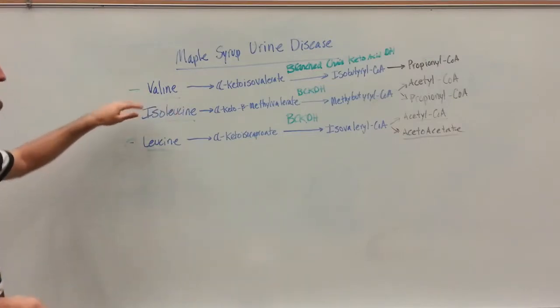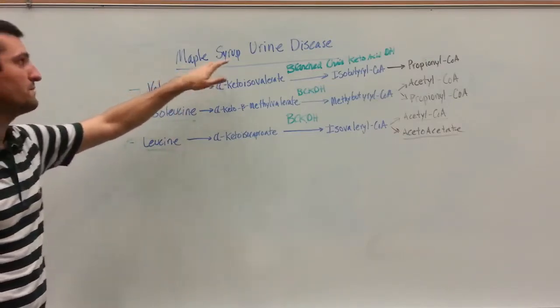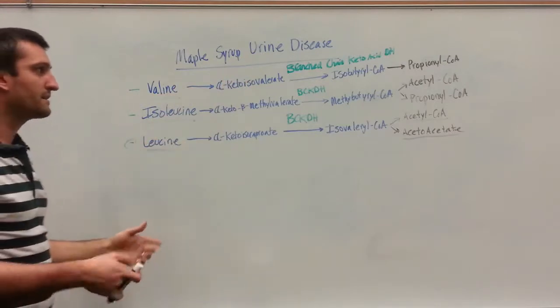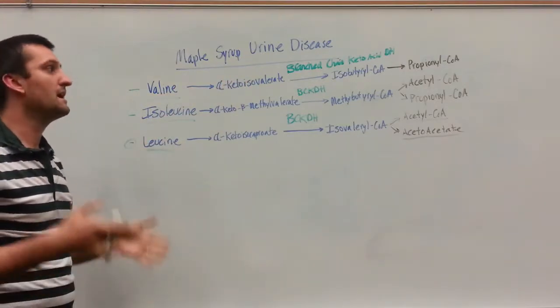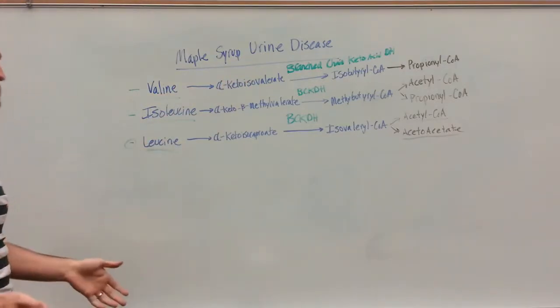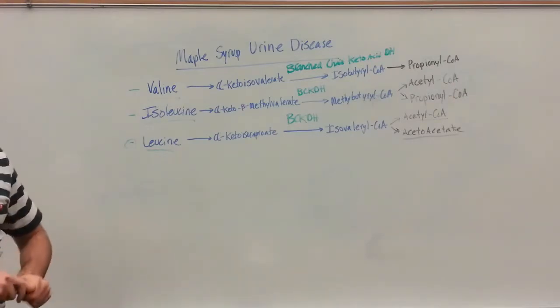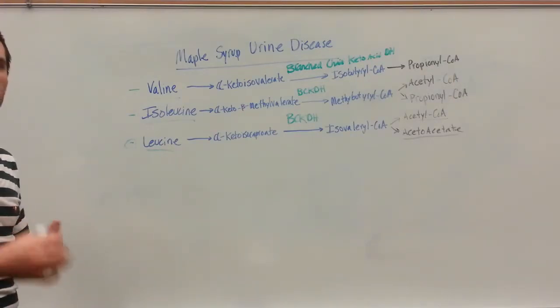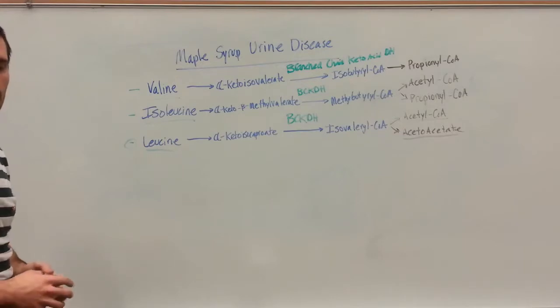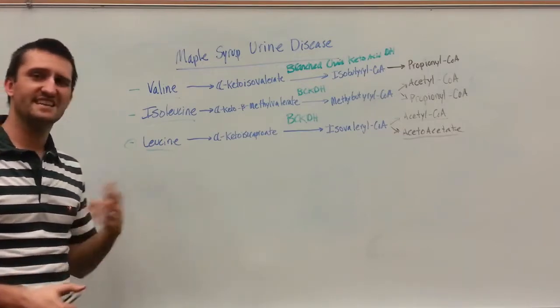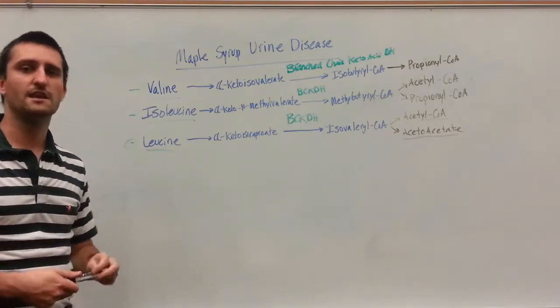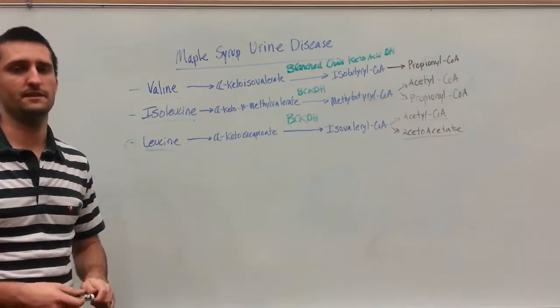But if you have maple syrup urine disease, as you could suspect, one of the symptoms is going to be a maple syrup odor to your urine. You're going to have a sweeter maple syrup urine smell. And then also you're going to get CNS problems such as mental retardation and maybe even death.